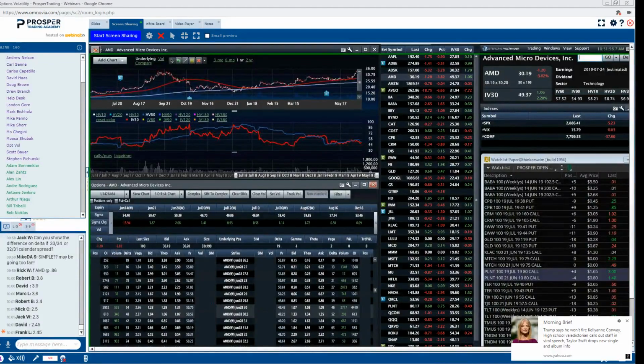I totally agree with that. So if we look at where the stock is now, $30.20, and see an expected move of about $2.50 out to June 28th, that puts us at almost $33. So if the stock does move in the direction and the upside, which we believe it's going to, the market is expecting that move to June 28th to be about $2.50, so an upside range of about $33.